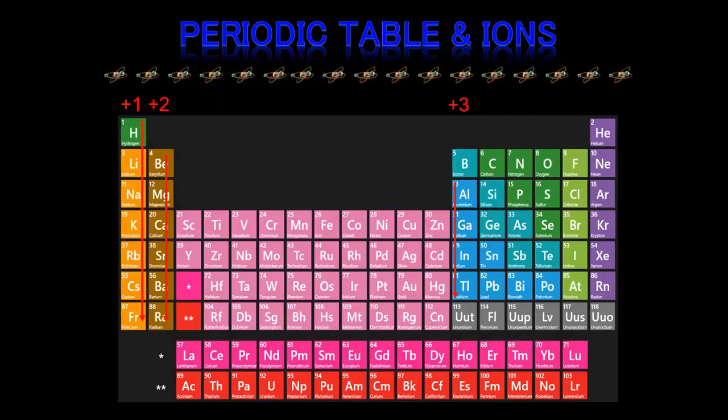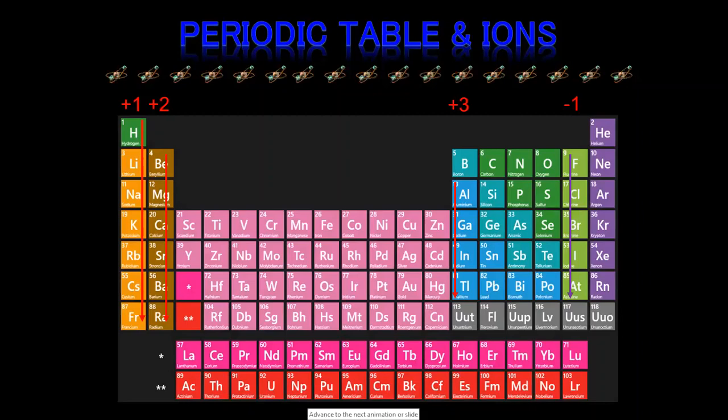Now this group right here, group 17 or the fluorine group, they want to gain 1 electron. When they gain 1 electron, they gain one negative charge. They have a -1 charge. So this group has a -1 charge.